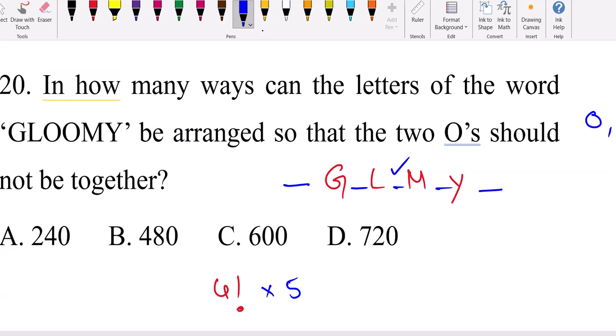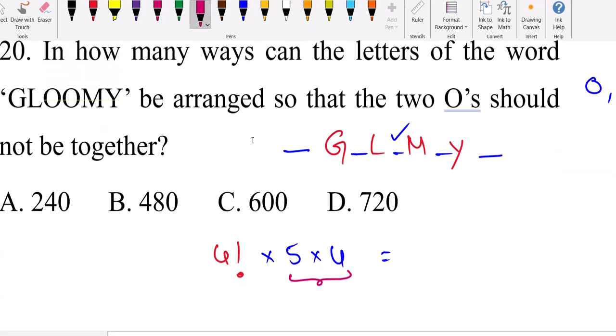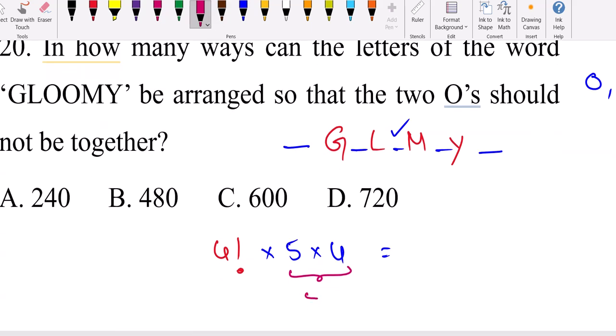Let's say one O is occupied here. The next O is having only 4 chances. But divided by 2 factorial, is it allowed or not? This is nothing but called 5P2. Some people say, sir, why are you writing all that? It's 5P2. Yes, I agree. 4 factorial into 5P2, 5 places, 2 things to be arranged. But now, divide by 2 factorial, we have to do or not?